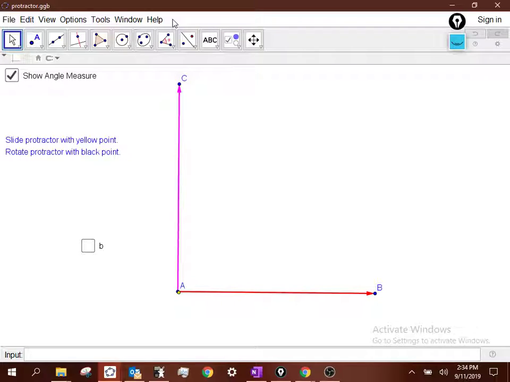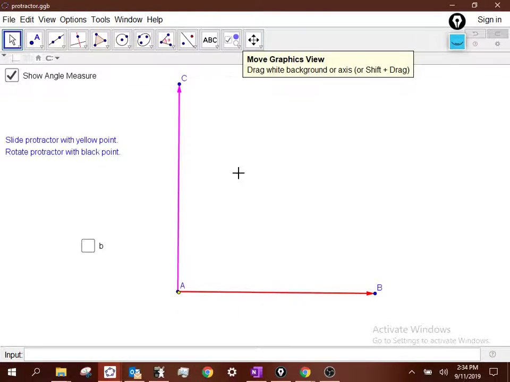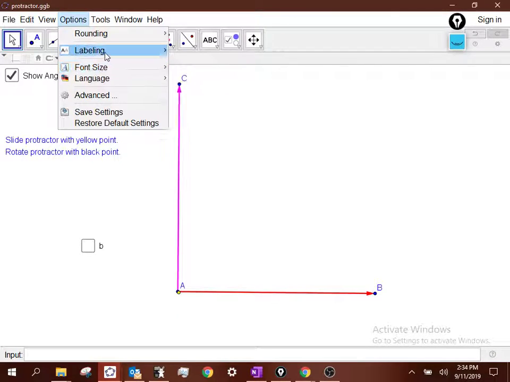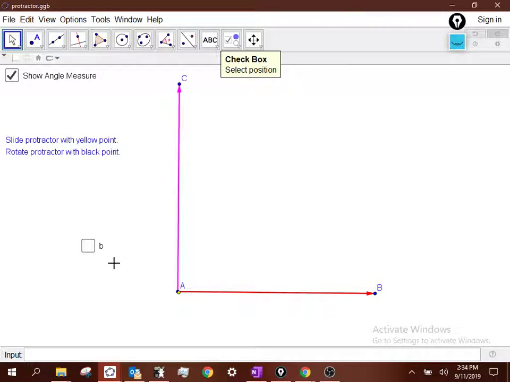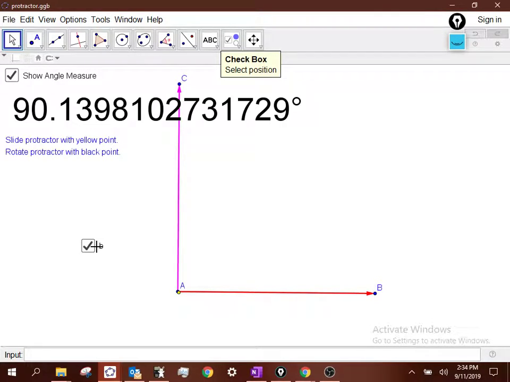Now, if I were to actually put my protractor on there, which GeoGebra has built in, it measures these angles, and if I want to go 15 decimal places, it'll be that precise. And if I ask what the measurement of that angle is, is that a right angle? It's got to be 90 degrees, right? That angle is bigger than 90 degrees. That's an obtuse angle.